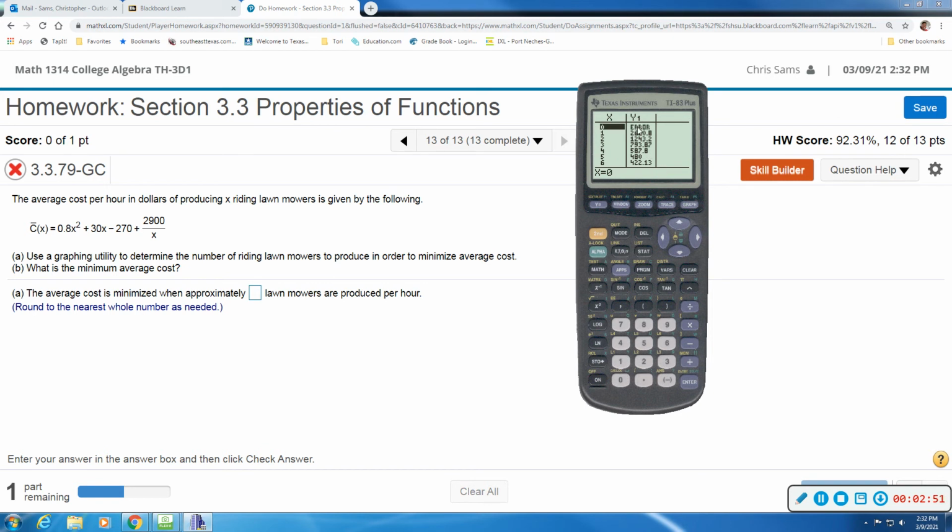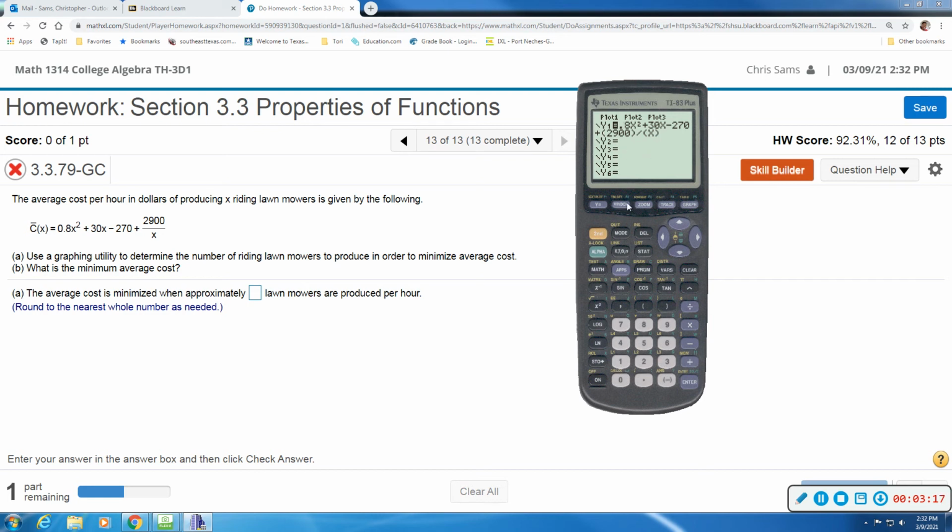So I want my Y value to go up to 3,000. I want to be bigger than what I see. And then my X values, I'll just go up to like 15 or so. But let me make sure I have that in correct, because that looks like some really big numbers. 0.8 x squared plus 30x minus 270 plus, okay, everything looks good.